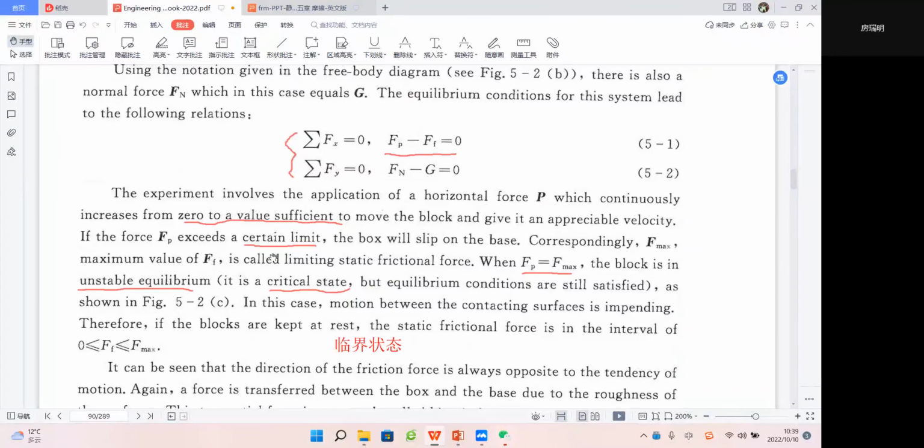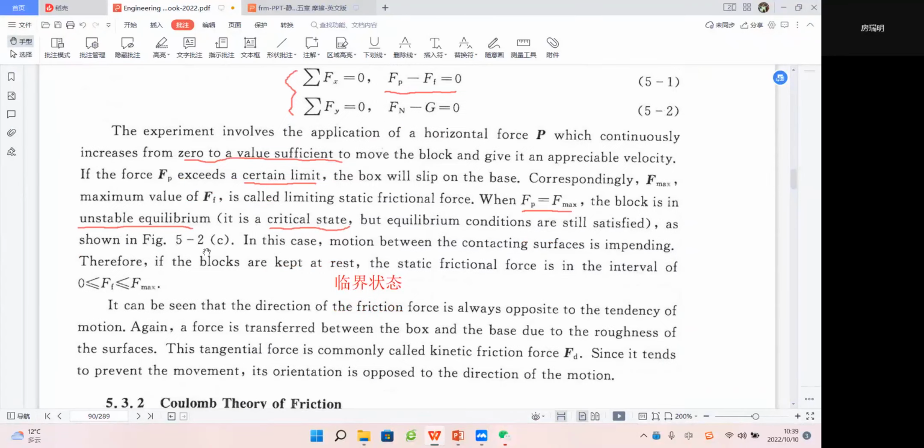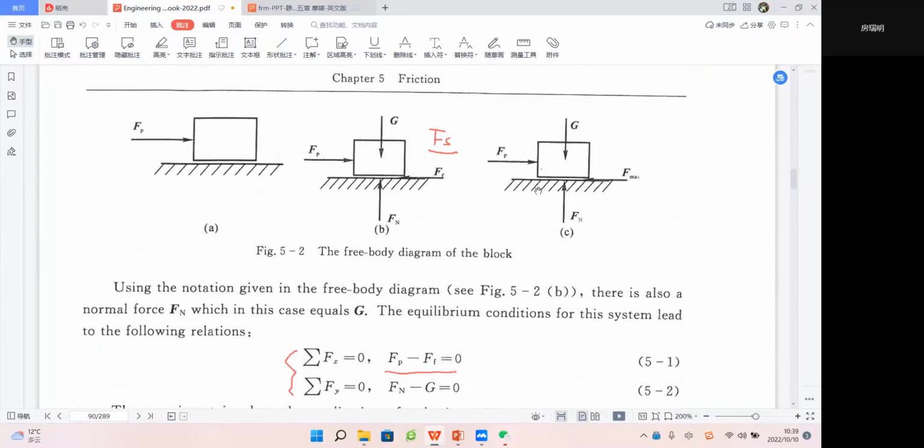So as shown in figure 5c, after this critical point, because Fmax reaches its maximum value, it cannot balance or offset this Fp again.